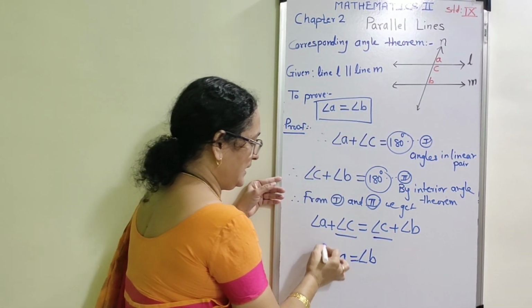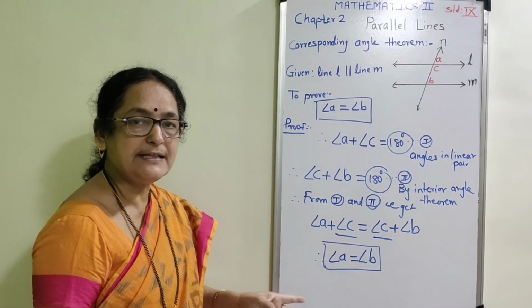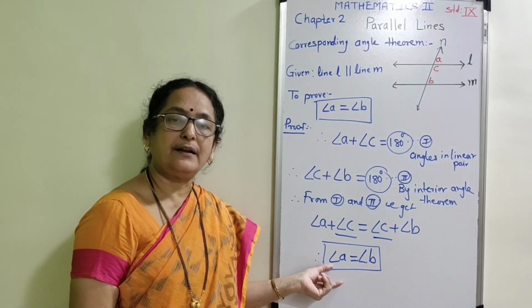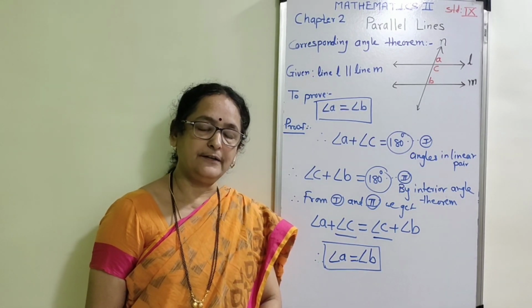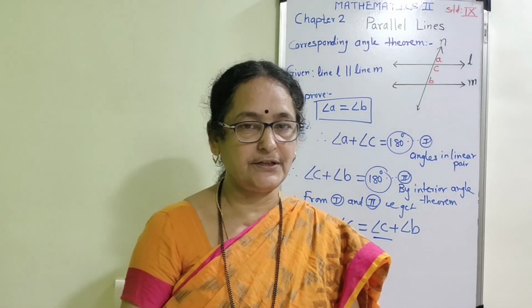That means when two lines are parallel to each other, the corresponding angles are equal, or in other words, the corresponding angles are congruent to each other.